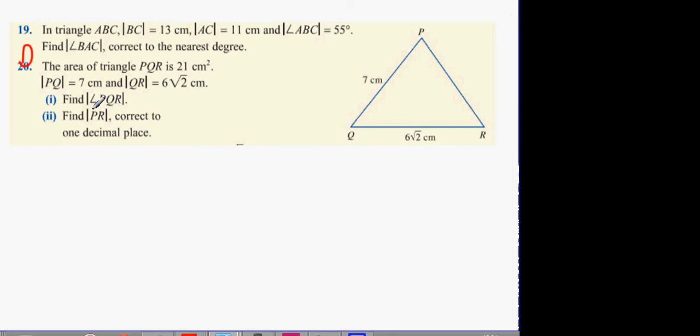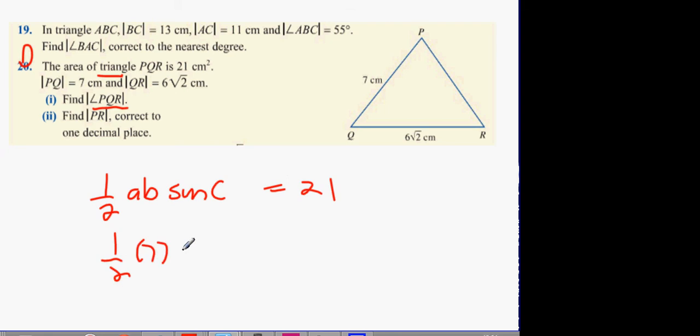I right away know that I'm going to be using the area formula because it says the area of a triangle is 21. So what I'm going to do is this: a half times 7 times 6 root 2 sine C equals 21.